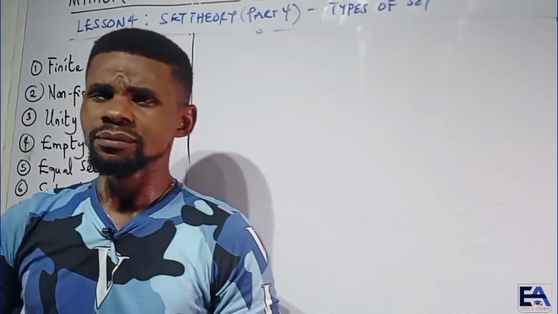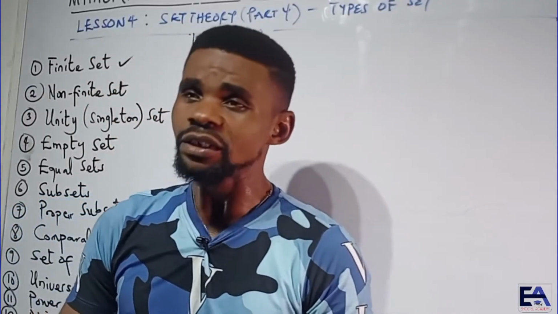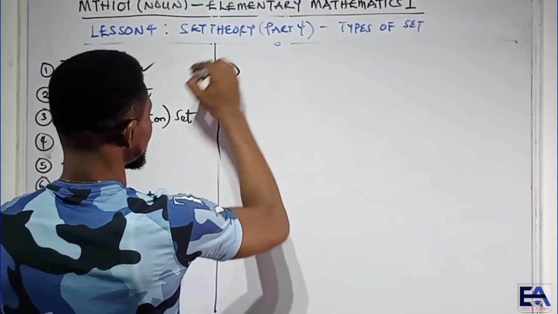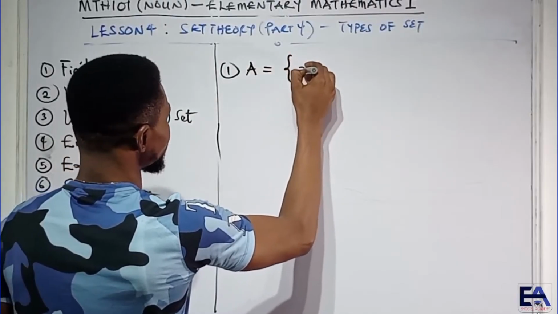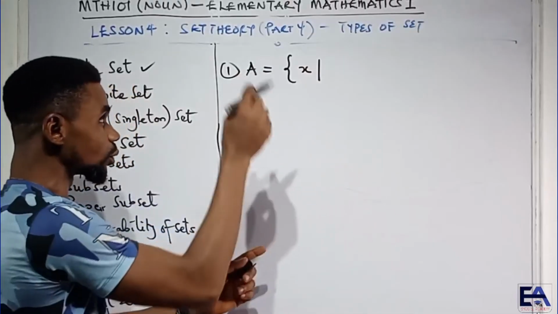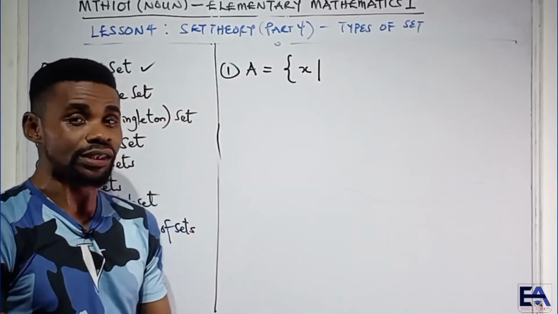Well, we have a few examples of such for reference. The first example that I can refer to: let's say A is a set of X such that, in the first video, I used two dots like a colon for such that. This one too is also valid for such that.